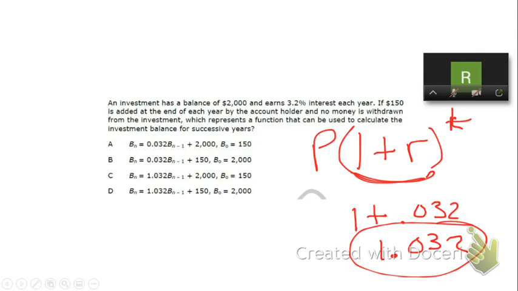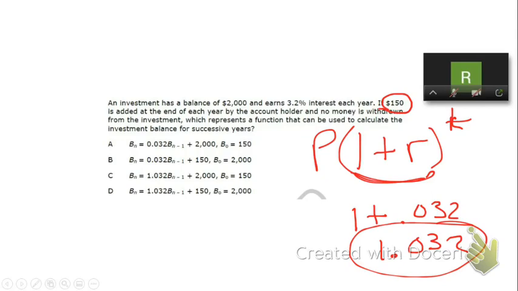So which one of these are we doing that to? Think about looking at what's happening here. We're multiplying by that each time to give us the initial amount plus the new interest we got. And then it says that we add $150 each year. So you got to think about which one of these are just adding $150 each year.